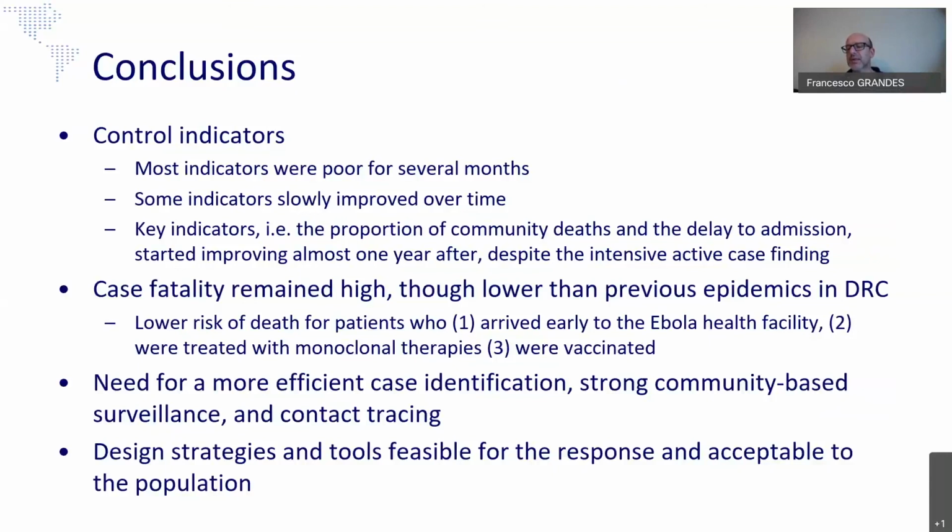More efficient case identification and also community-based surveillance are needed. We need to design or modify strategies and tools that are at the same time feasible for the Ebola response teams and acceptable for the population.